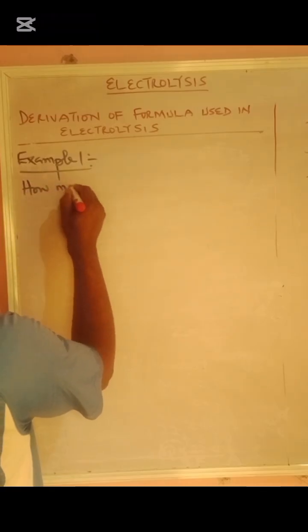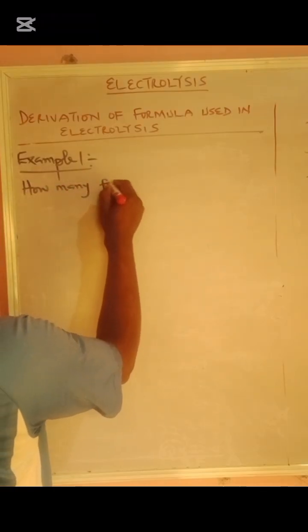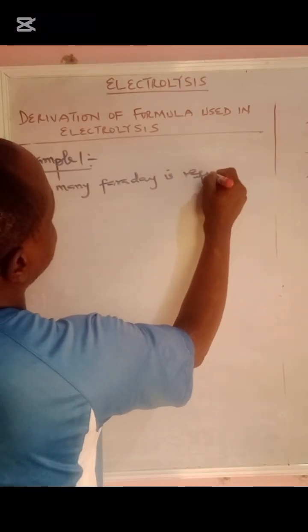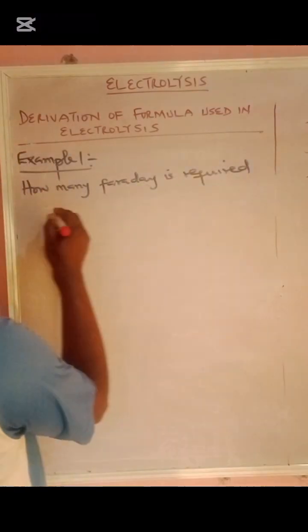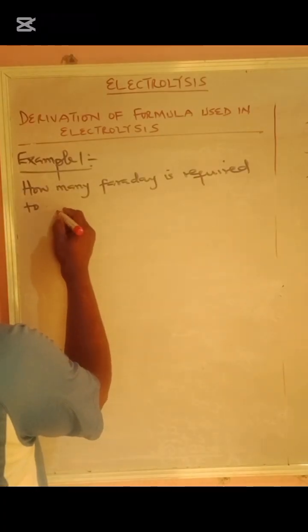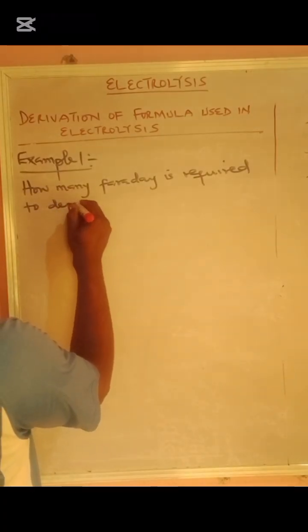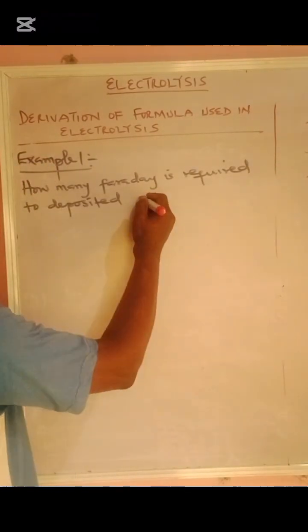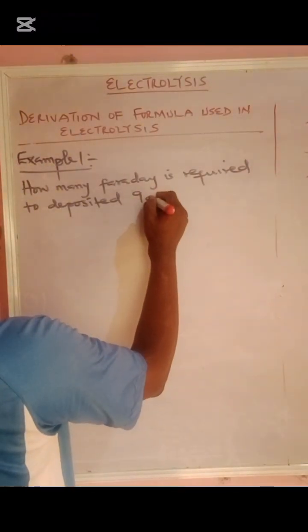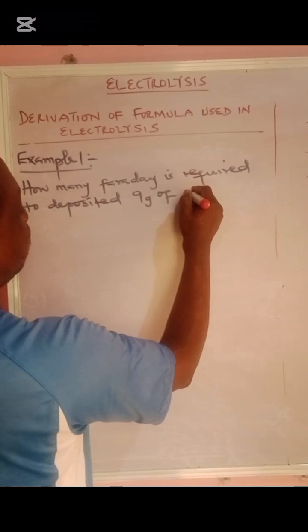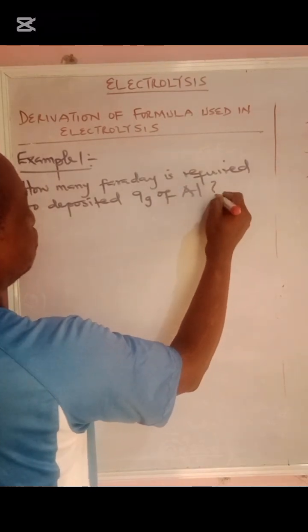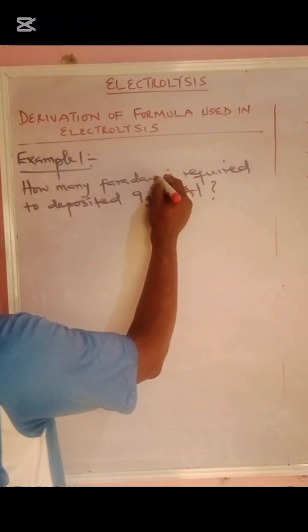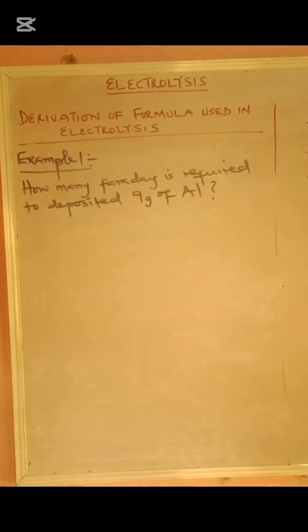How many Faraday is required to deposit 9 grams of aluminium?